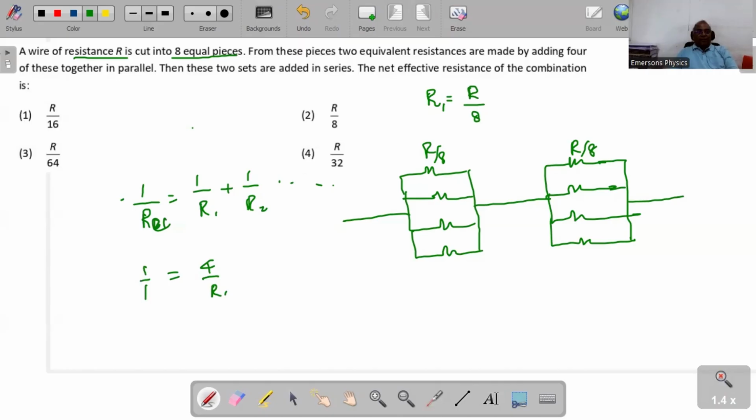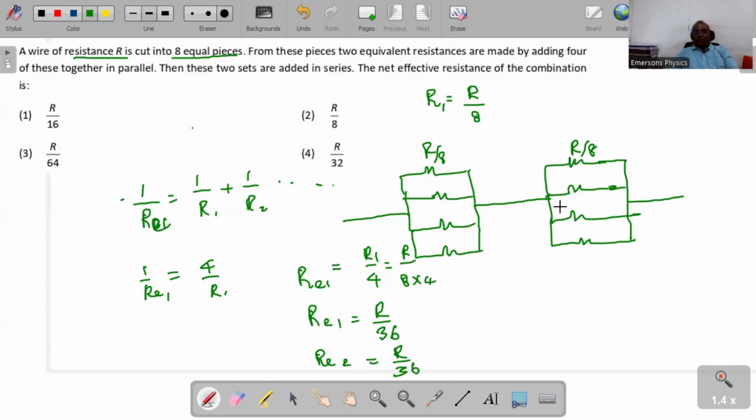So 1 by R effective 1 will be, taking the reciprocal, R1 by 4. R1 is R by 8. So R by 8 into 4, 32. So R effective 1 will be R by 32. Okay, similarly, this combination R effective 2 is also R by 32.